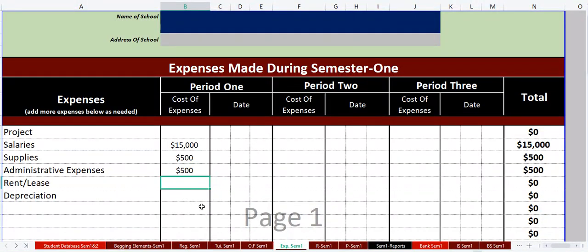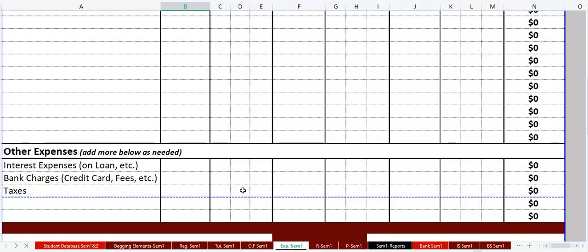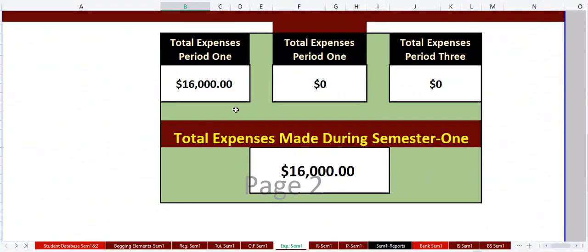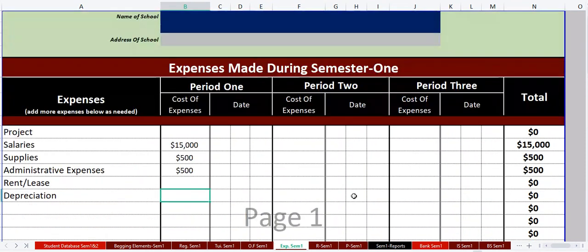Rent for this period, another years. Let's say half a year. So we just leave it like that. We'll pay in the other year because that yearly payment. So we leave it just like that. Depreciation of equipment, we leave that yet. So don't play. We just leave this for now. So as you can see the summary here. Alright. So that is that.